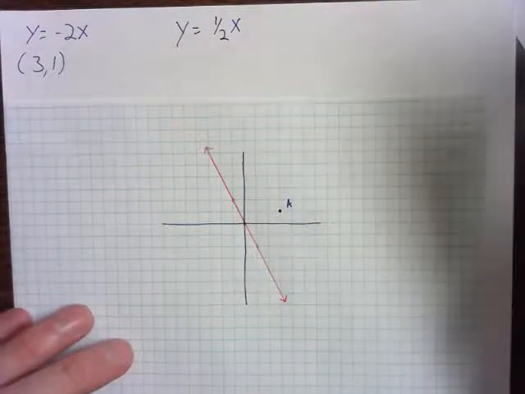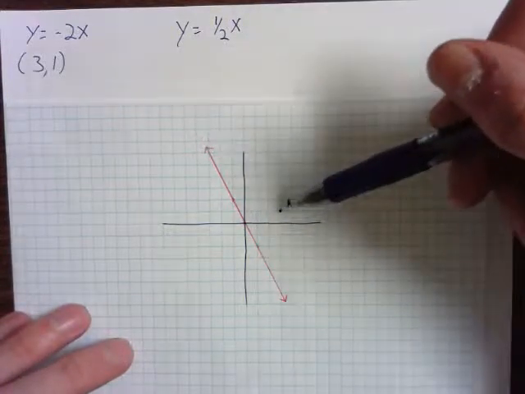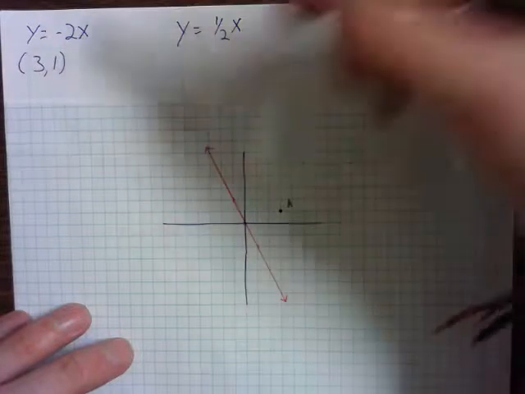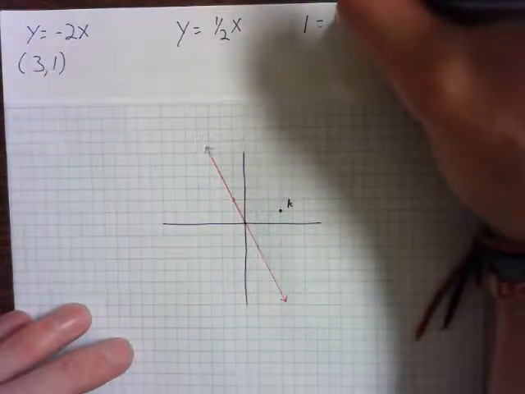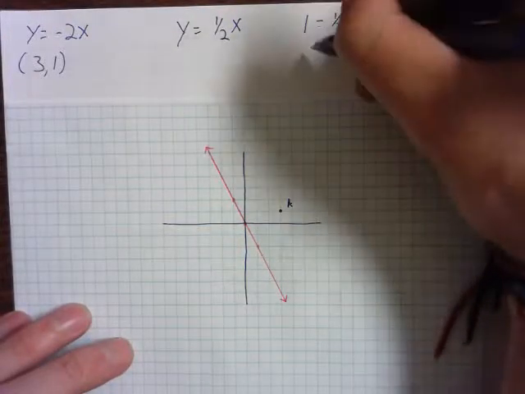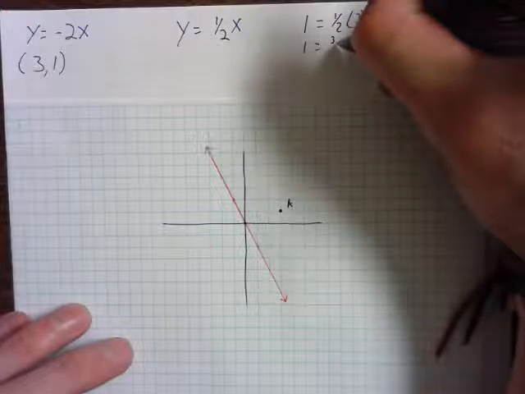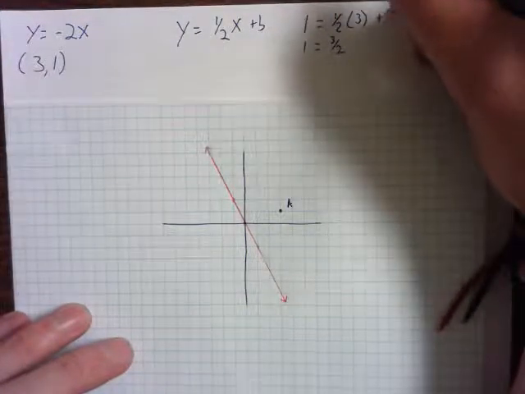Okay. And I know that this line segment, I want it to go through my point A. So I need it to go through 3, 1. So I can plug in 3, 1 into my new equation. So then this would be 1 equals 3 halves plus b.